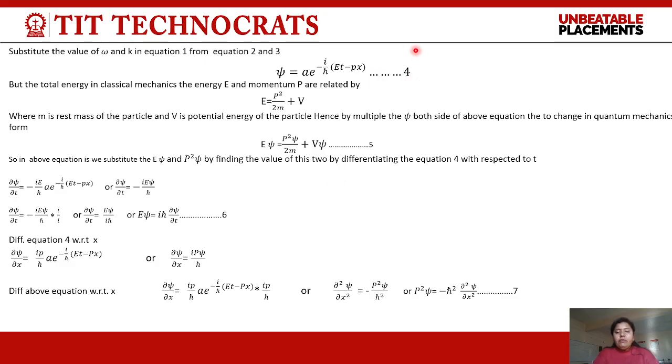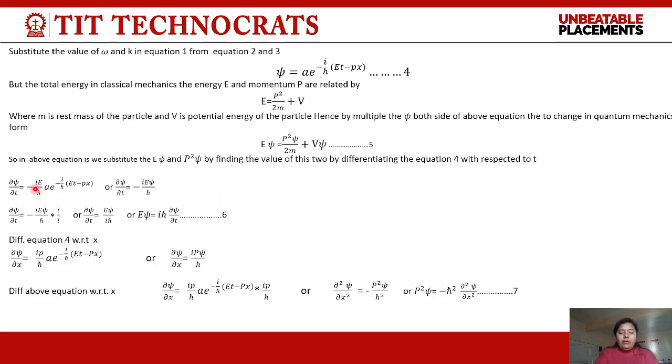Now we differentiate equation number 4 with respect to time to get the differential form. Whenever I differentiate with respect to t, what will I get? As you know, if we differentiate e to the power ax with respect to x, we get a e raised to power ax.